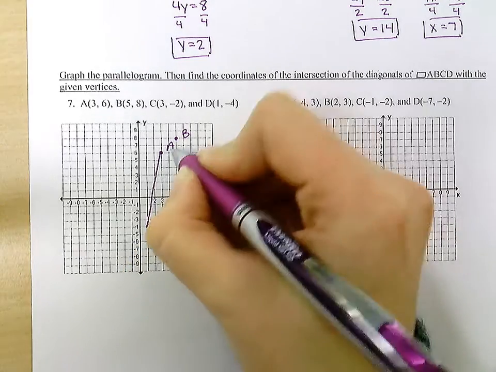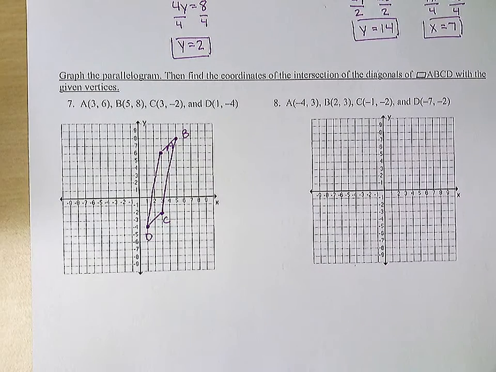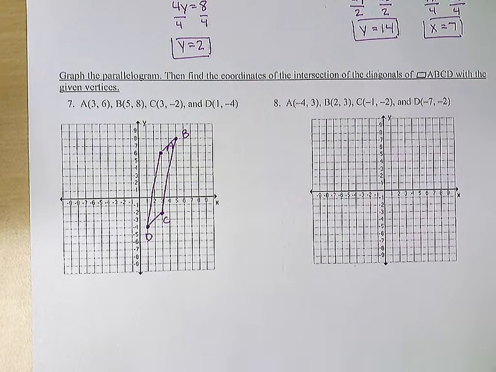Okay, so this is creating a parallelogram. What the directions want us to do is find the coordinates of the intersection of the diagonals. Well, we know diagonals meet at a midpoint because diagonals bisect each other.